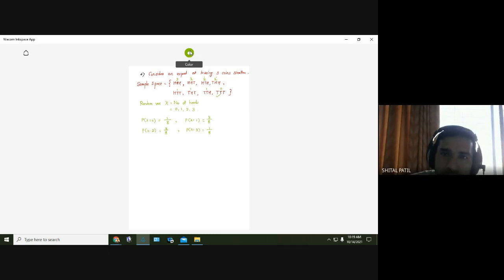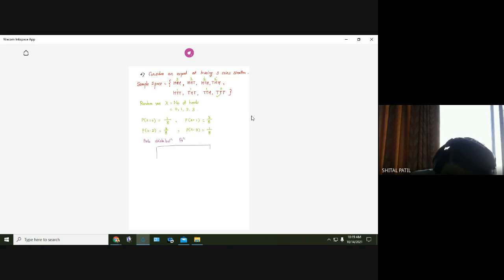So hope everyone is getting this. The probability distribution function is like this: X is the random variable, the number of heads, and then the probability of X for 0 heads and so on.